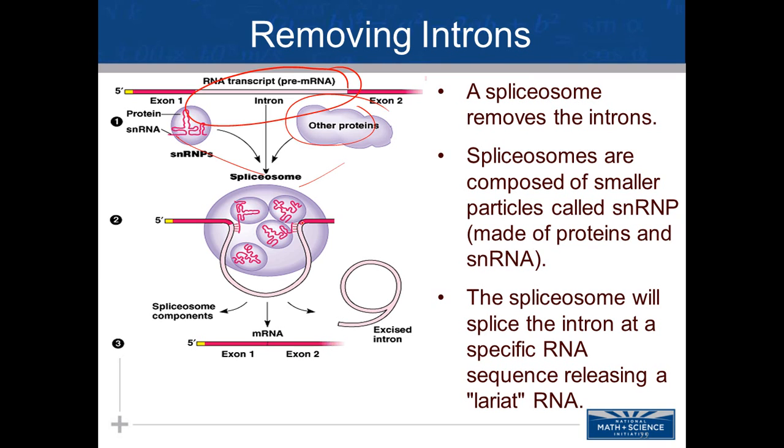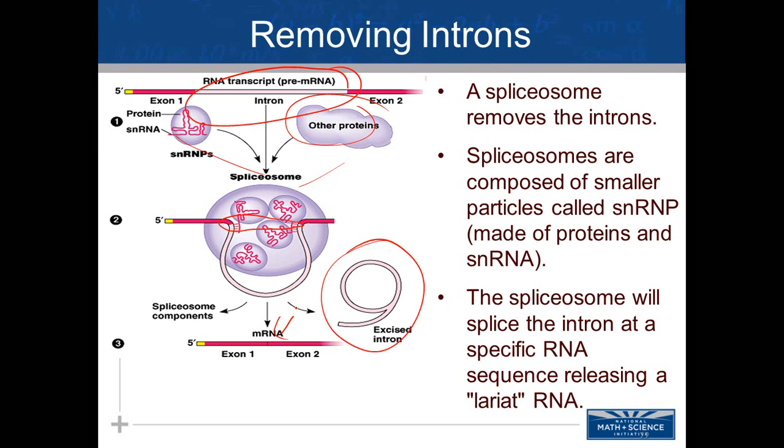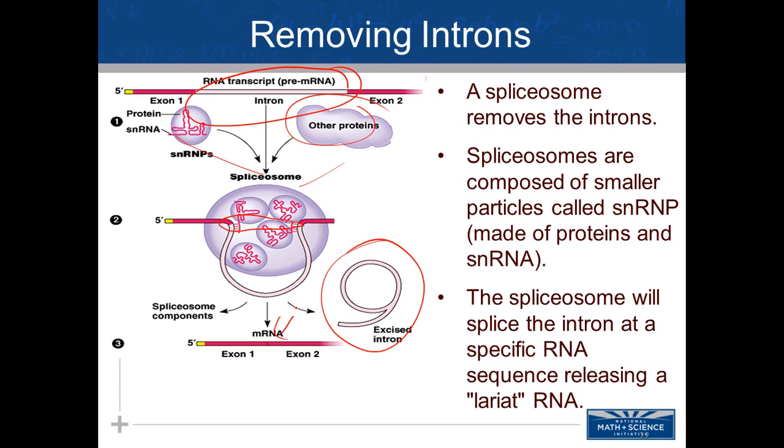The spliceosome is going to bring the ends of the exons together and join them and basically cut out this, they call it a lariat of RNA. Okay? So that is an important thing that has to be done in processing eukaryotic messenger RNA.